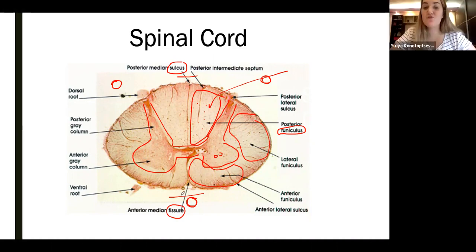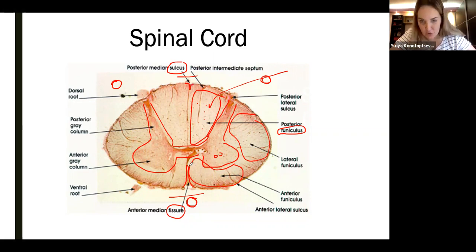In other words, fissure is much deeper, more elongated, and so on. Sulcus is very superficial, just a little bit, that's it. Fissure is quite deep, as you said, it's almost an opening. So there is an anterior median fissure, and there is a posterior median sulcus.